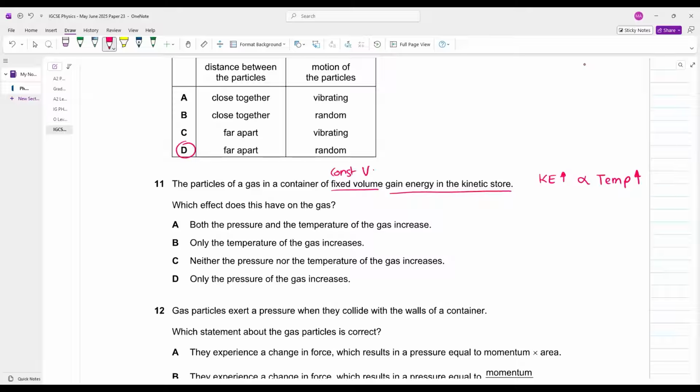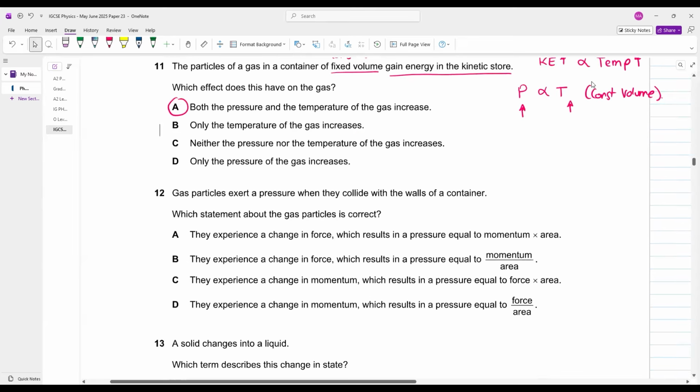If your kinetic energy is increasing, that means your temperature will increase. बेटा जब भी आपका वॉल्यूम कांस्टेंट होता है और टेम्परेचर इंक्रीज हो जाता है, this causes your pressure to increase as well. A is your answer. Let's move on to 12.